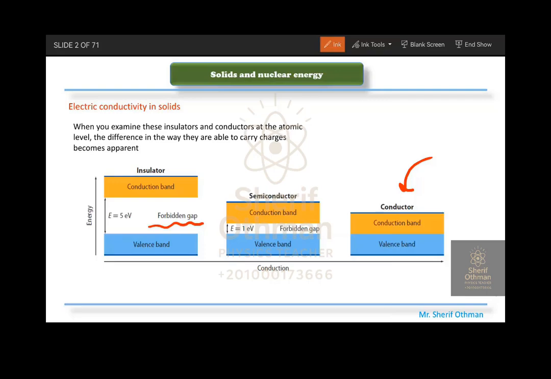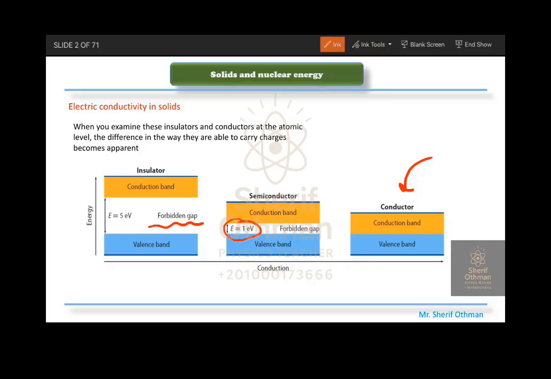So the electron can easily gain energy by heating the material up, so it will be able to overcome and jump through the forbidden gap as it has a small amount of energy and go to the conduction band.